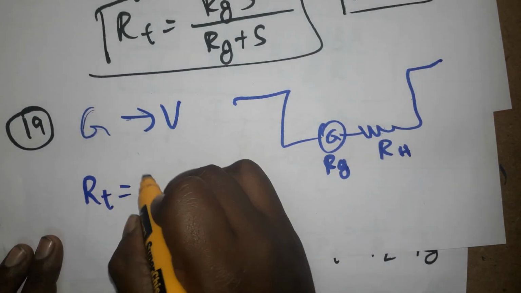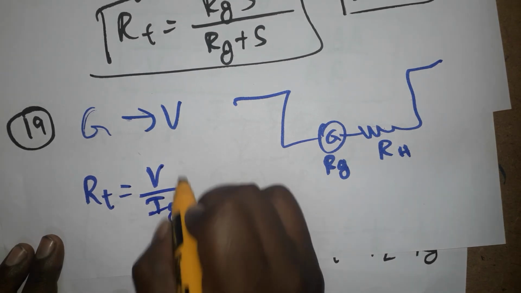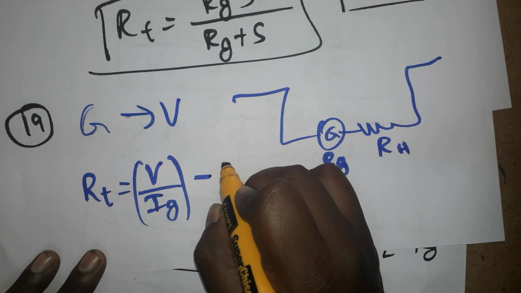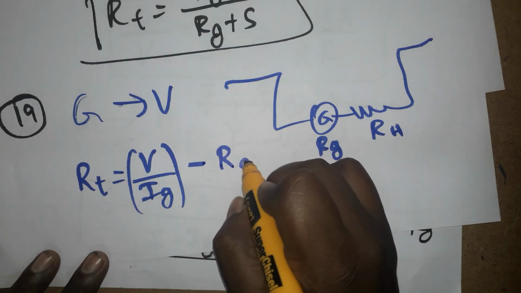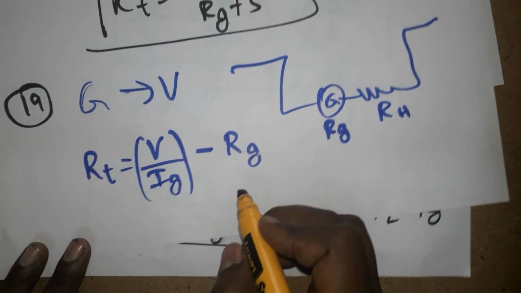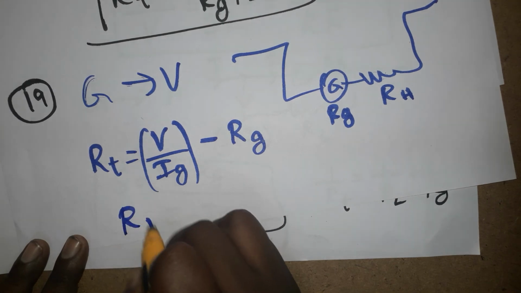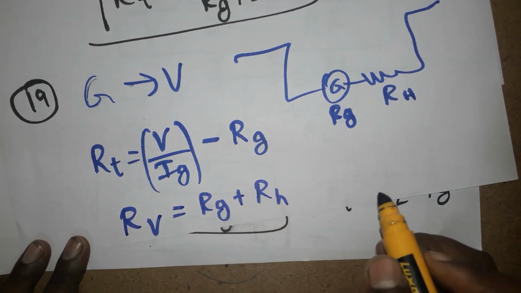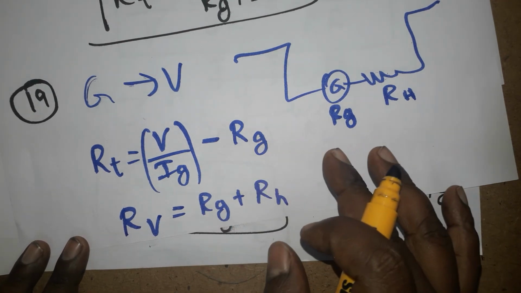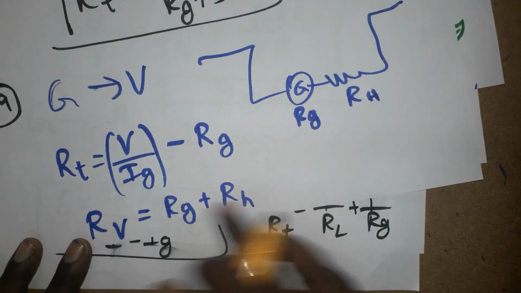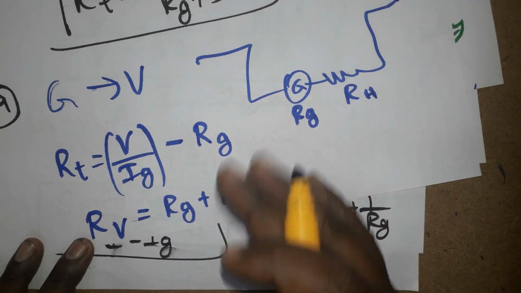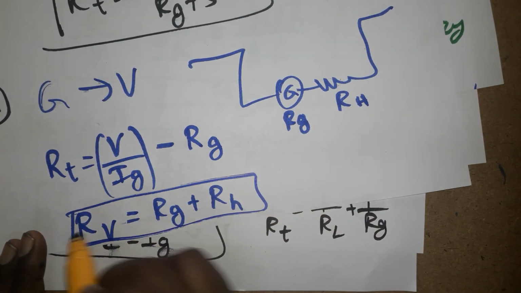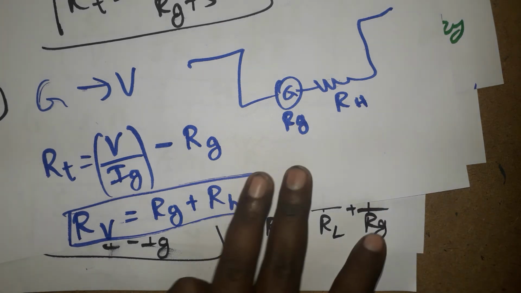The total resistance is V divided by Ig, because according to Ohm's law V divided by I is equal to R. The resistance of the voltmeter is equal to Rg plus Rh. Why this formula? Because it's in series, you should add the resistances. In parallel, you should divide the resistances. So this gives the voltage in a galvanometer converted to a voltmeter.